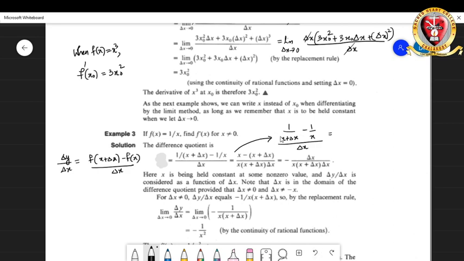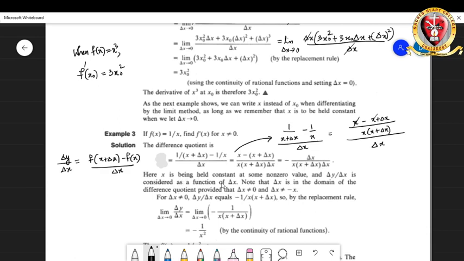You take the LCM of the fractions there. So you get x minus x into 1 minus x plus delta x divided by x into x plus delta x, the whole divided by delta x. Okay, so from that you get delta x by x into x plus delta x into delta x.